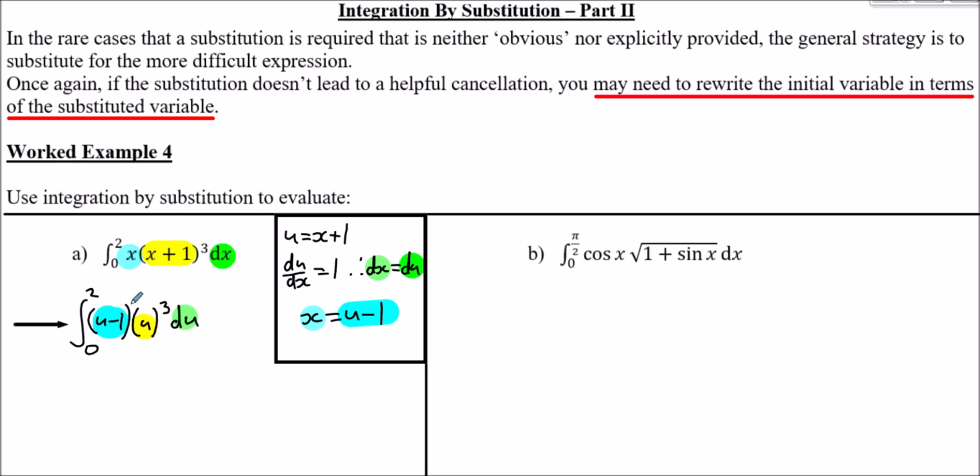Going one better, we can obviously expand this into a more workable form. So it's the integral from x being from 2 down to 0. U times u cubed is u to the 4. Minus 1 times u cubed, of course, is just minus u cubed.